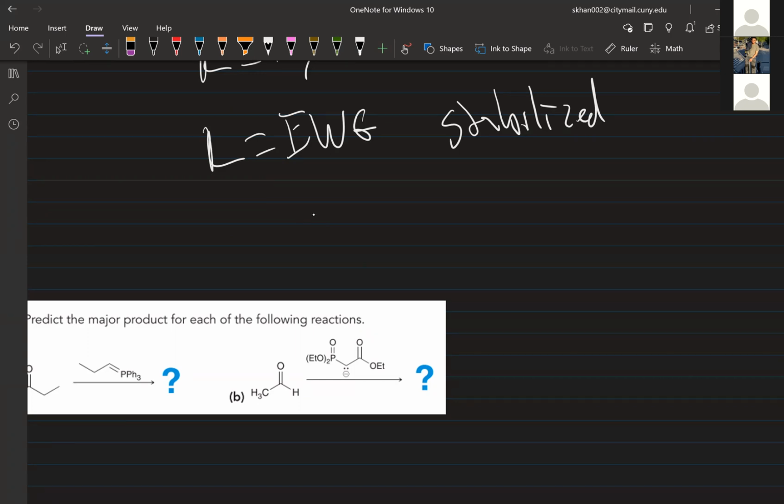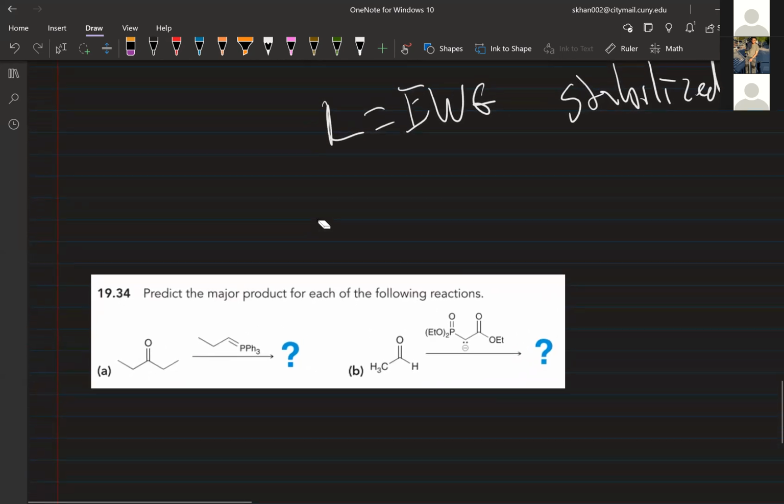So here, really the only difference between the classic Wittig reagent and your HWE reagent is that you have a phosphorus ester here. Here you have triphenylphosphine, and here you just have this group, which is a PO group, but essentially it's the same thing. It's just that somebody a decade or so later realized we could use these types of reagents as well for similar reactivity. That's all it is.